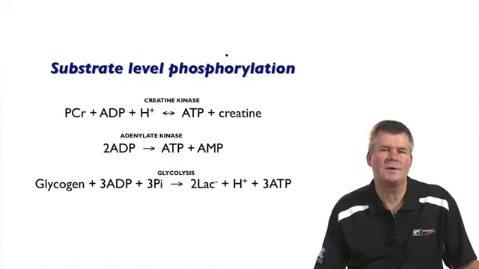You see here that creatine is important in that reaction, and creatine supplementation is popular amongst athletes, particularly those involved in high-intensity efforts for that reason. Another important reaction within skeletal muscle is that catalyzed by the enzyme adenylate kinase, where two ADP molecules can come together to produce ATP and AMP.